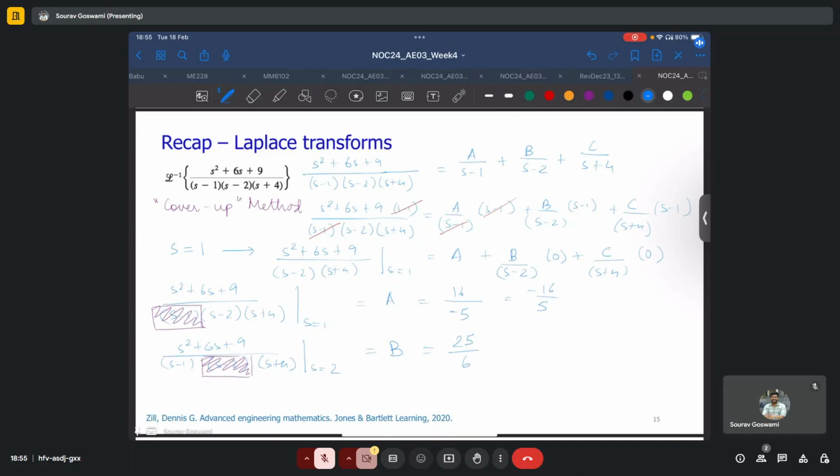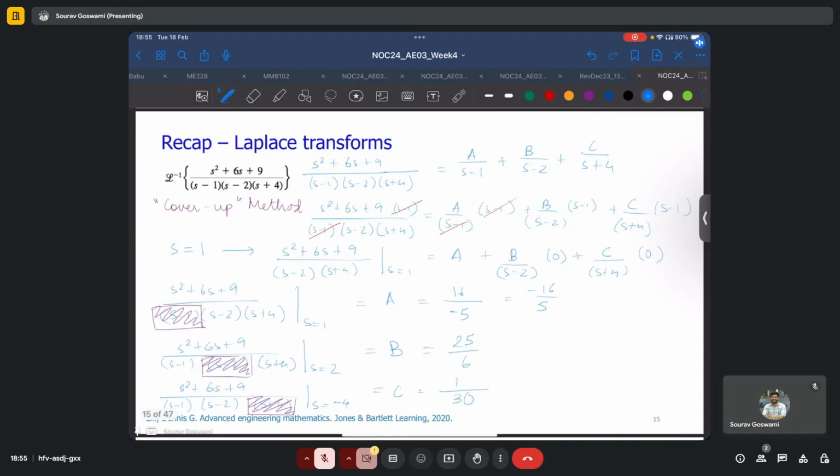And if I want to find c, it's the same routine again. I'm now covering up this third factor and evaluating this function at the third zero, which is minus 4, and that gives me 16 minus 24 is minus 8, plus 9 is 1, by minus 4 minus 1 is minus 5, times minus 4 minus 2 is minus 6, which gives 30. So c is 1 by 30.